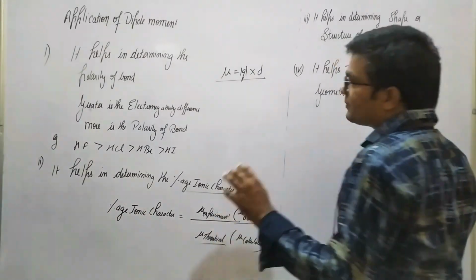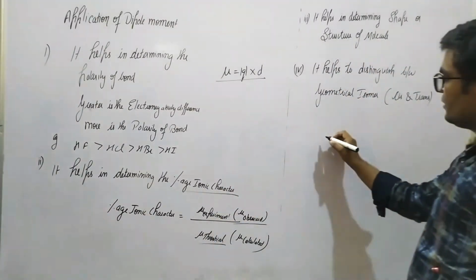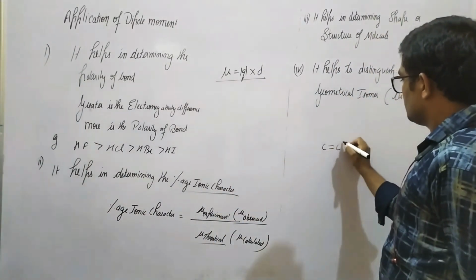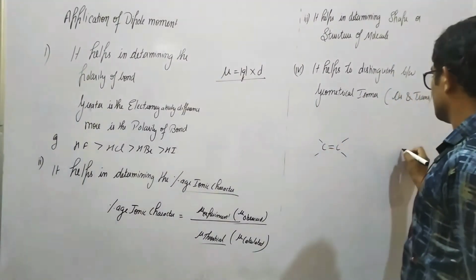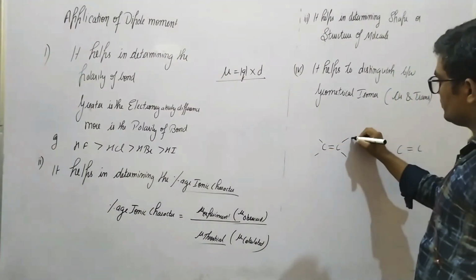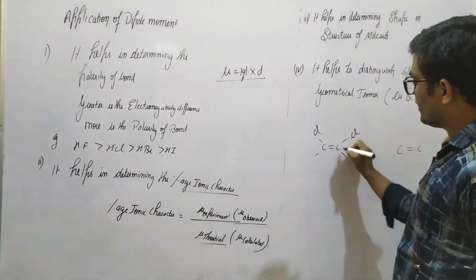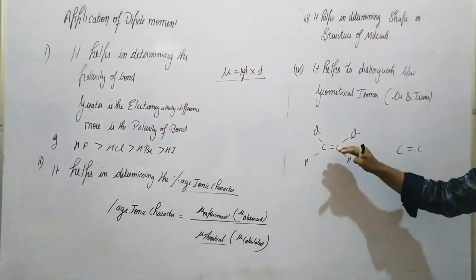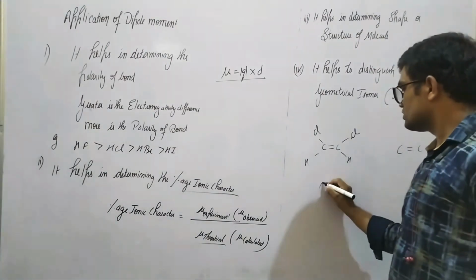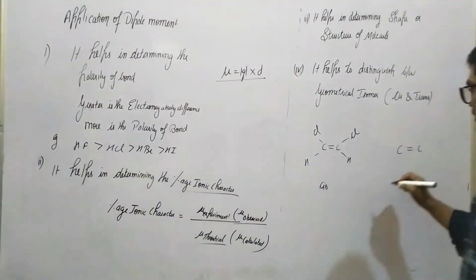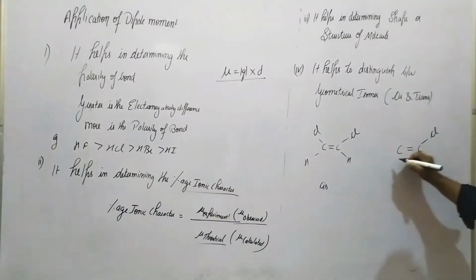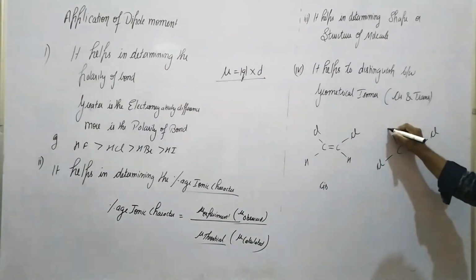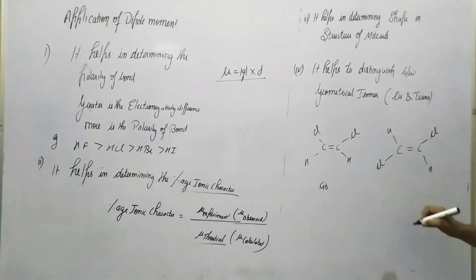So there are two types of isomers, like in ethene. We will discuss the example of dichloroethene. Here we see both the chlorine atoms, attached on different carbons, are towards the same side. This is called cis. And here, if both the chlorines are on opposite sides, what happens?